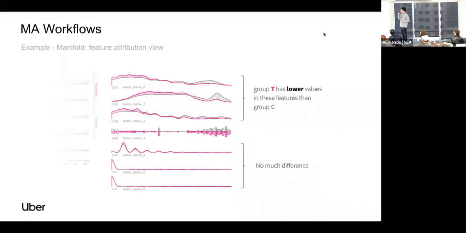The top three plots show some difference: the red curve tends to have lower values than the gray curve. But for the bottom three curves, there's not much difference, meaning those features make no big difference for those two types of models. So this intuitively gives some insights that may explain why one model performs better than the other. So these are the applications.